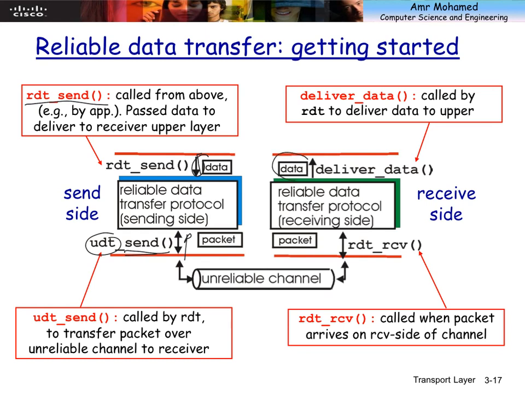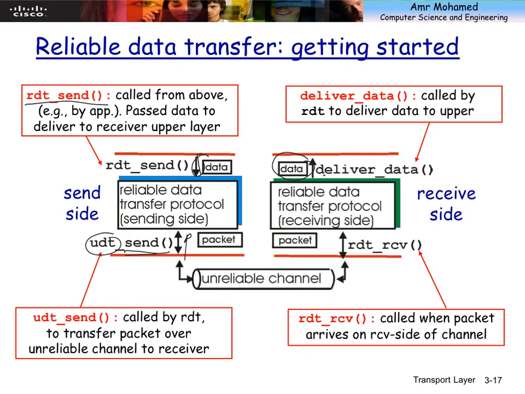If the data arrives at the receiving side on the reliable data transfer receive, then the receiver side will send an acknowledgement back. Sometimes the packet is lost due to the fact that the acknowledgement did not arrive at the sender. What is the consequence of this?